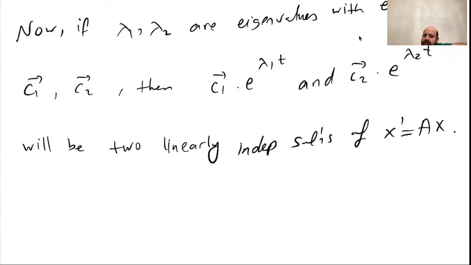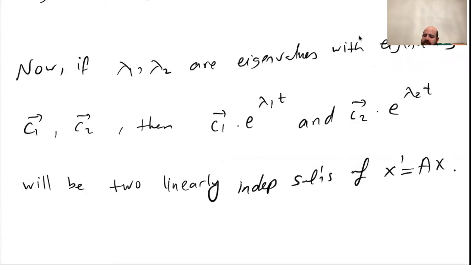So this is straightforward. If you have two different eigenvalues with two different eigenvectors, then we can form two linearly independent solutions this way. C1 is a vector. E to power lambda 1 t is not a vector, it's a function of t. So overall, this is a vector. The vector part is included here, and the dependency on t is included in this part.